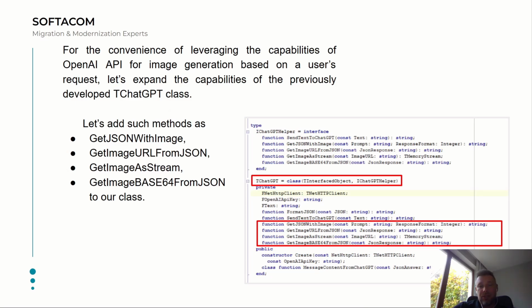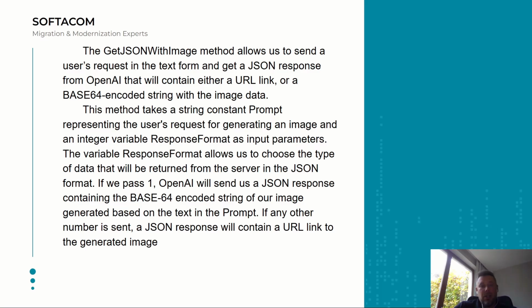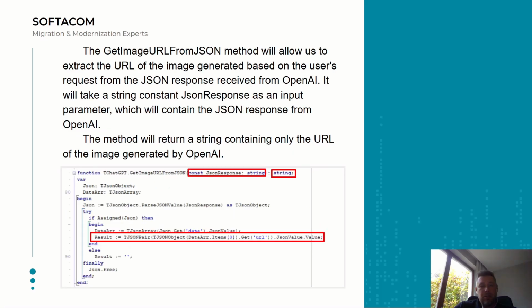For doing all this, we will just improve our TChatGPT class, which we used in the previous example. We will add additional methods for getting an image from AI, and encoding and decoding this image. I will not stop too deeply on all these explanations, because I think they will be a good help for you just to understand the code, because unfortunately our code does not have any comments.